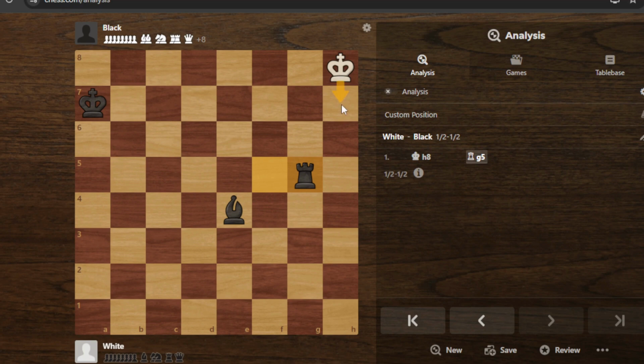The king can go to h7, g7 and g8. So let's see. The king cannot go to g7 because of the rook, as well as g8 because of the rook. And the king cannot go to h7 because of the bishop.